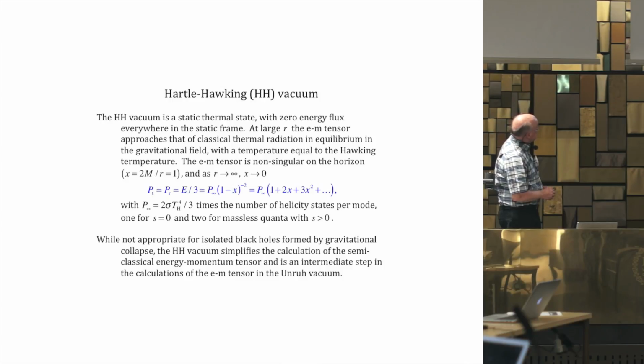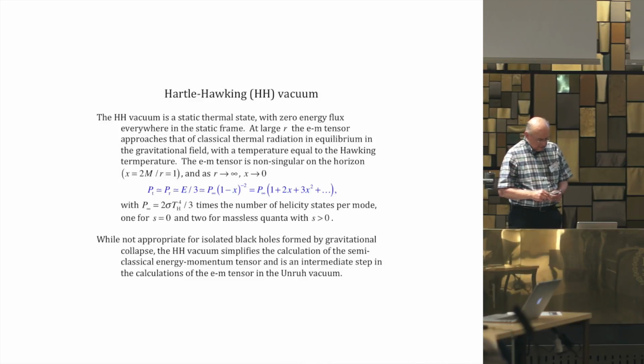Okay, so the Hartle-Hawking vacuum is a thermal state, with no energy flux anywhere in the static frame of a static observer outside the black hole. At large r, it approaches an isotropic gas of radiation, essentially radiation in equilibrium.